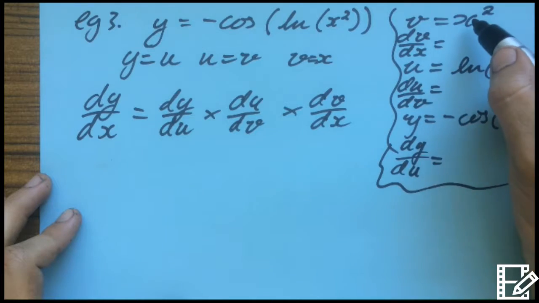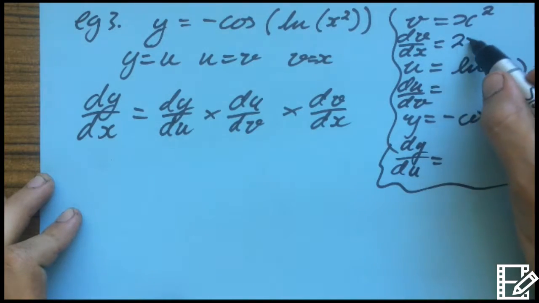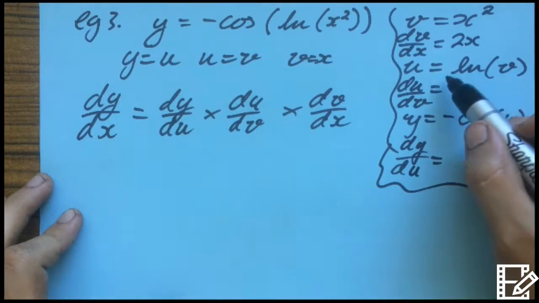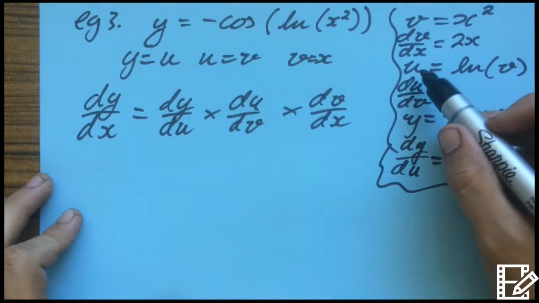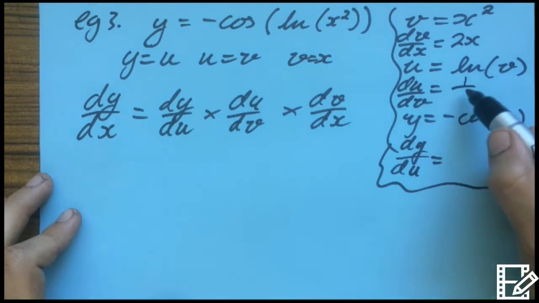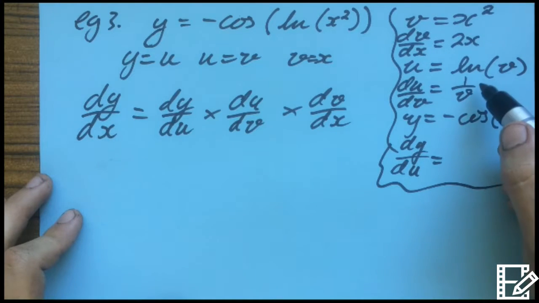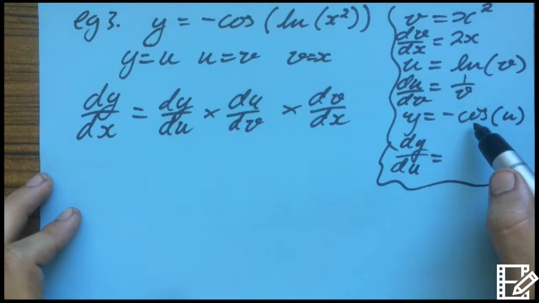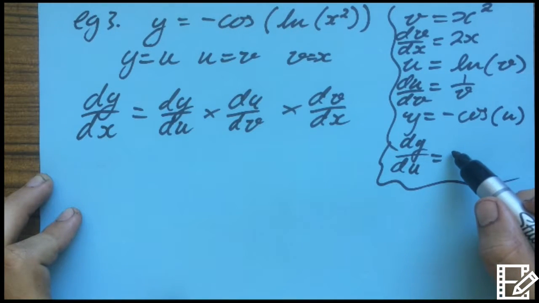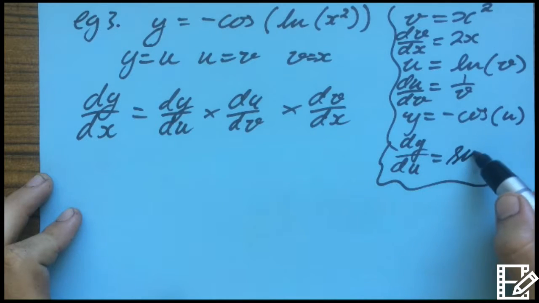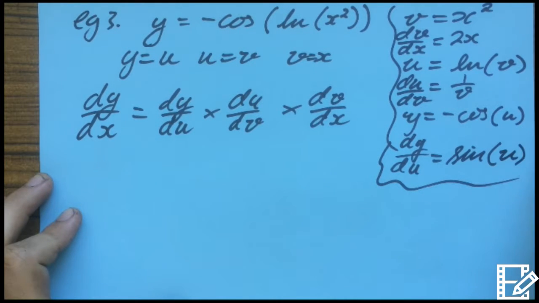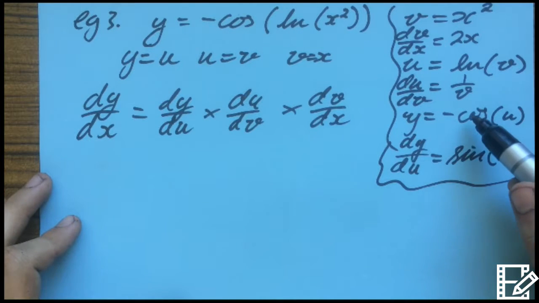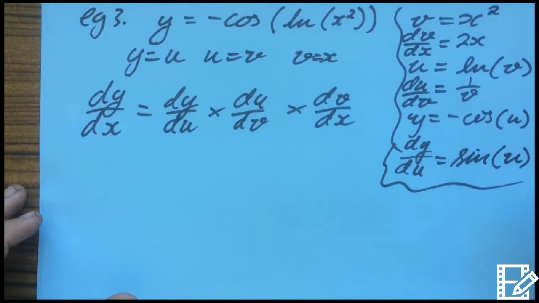The derivative of v with respect to x would be 2x. The derivative of u with respect to v would be 1 over v, because the derivative of ln v is 1 over v. And the derivative of negative cosine of u is just sine of u, because sine goes to cosine, cosine goes to negative sine, negative sine goes to negative cos, and negative cos goes to sine. It's just a cycle.